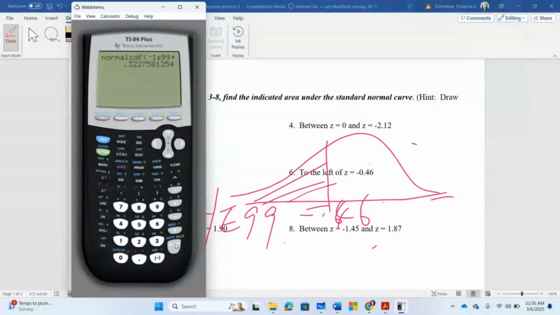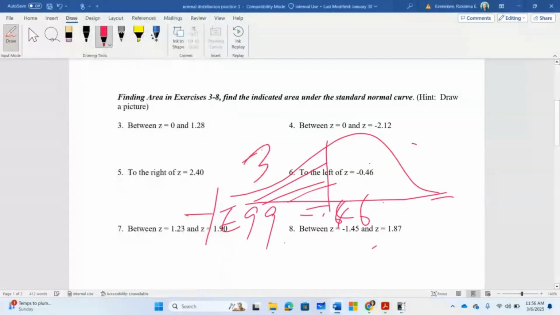Remember, that area cannot be negative. Area cannot be negative. Therefore, area of this section is 0.3228.